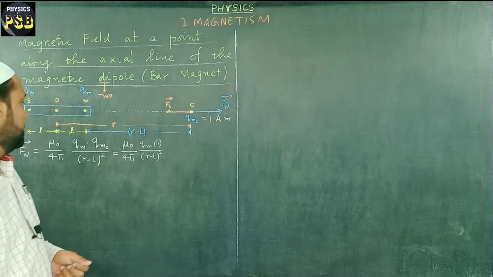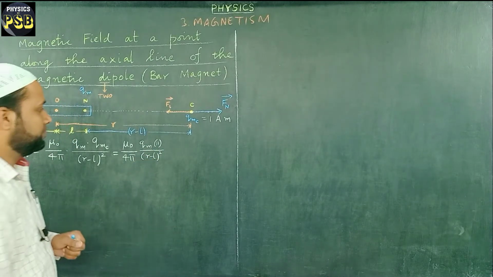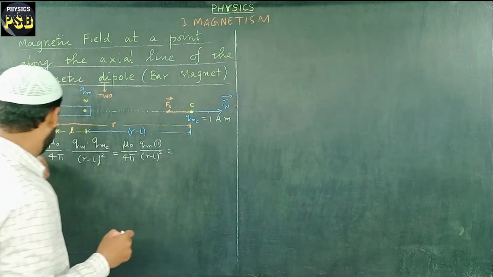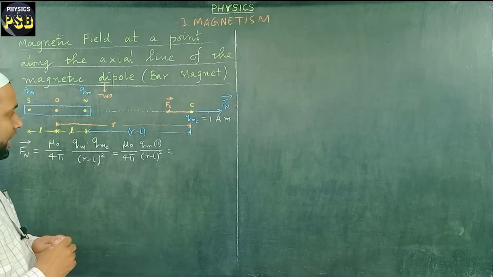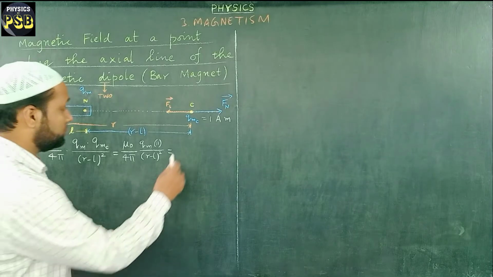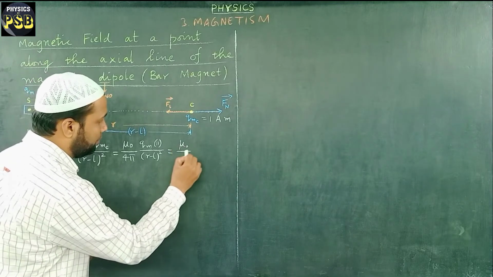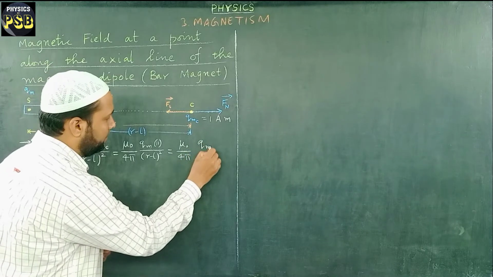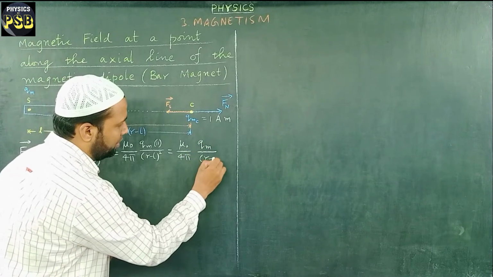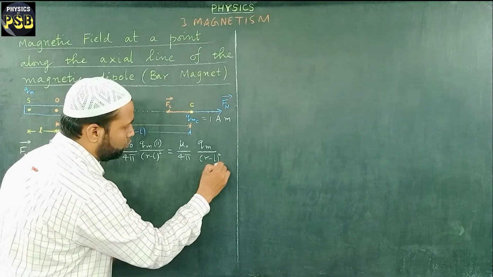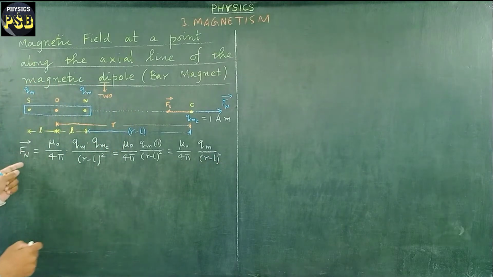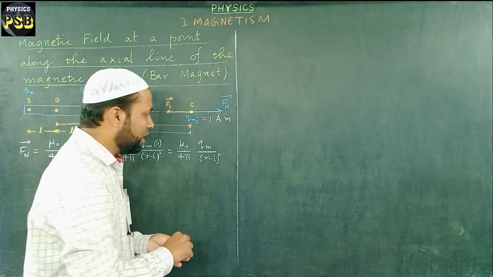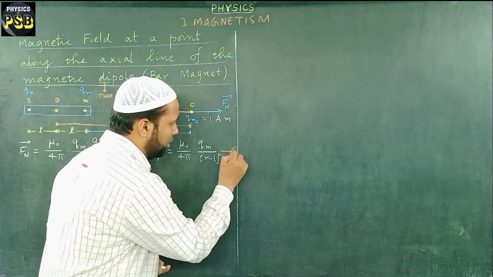So the value obtained is nothing but this. Fn vector is equal to mu naught upon 4 pi QM divided by R minus L whole square. This is the value of Fn vector. I take this one as equation number 1.